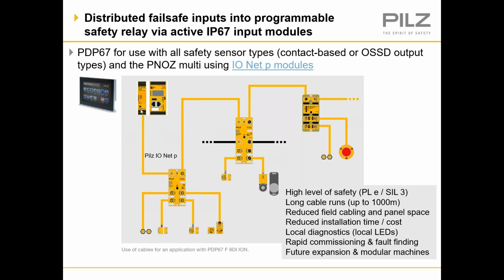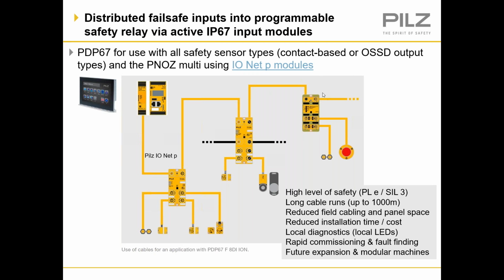The benefit of this is a high level of safety, up to PLe SIL 3, long cable runs up to 1,000 meters, reduced field cabling, panel space, reduced installation time and cost, rapid commissioning and fault finding, and future expansion on modular machines.